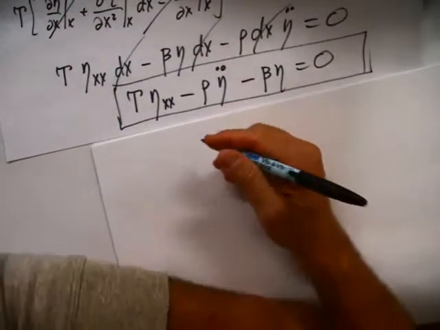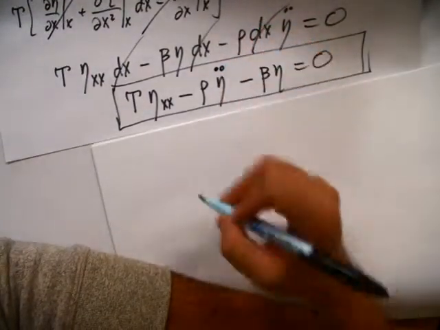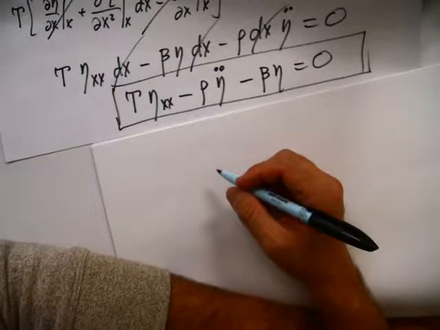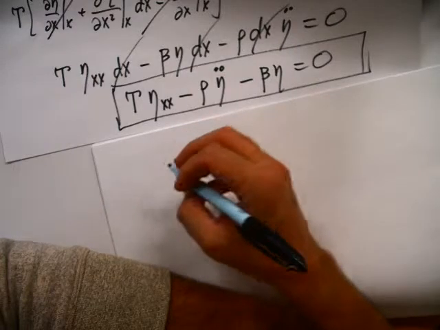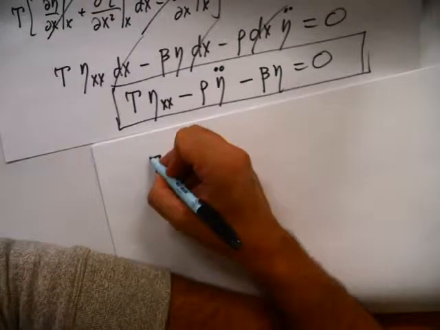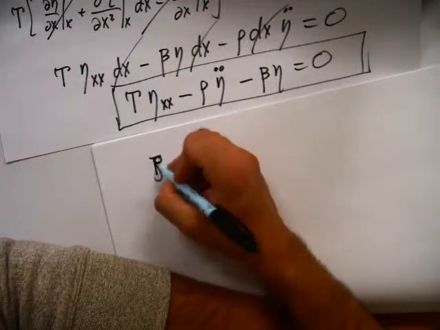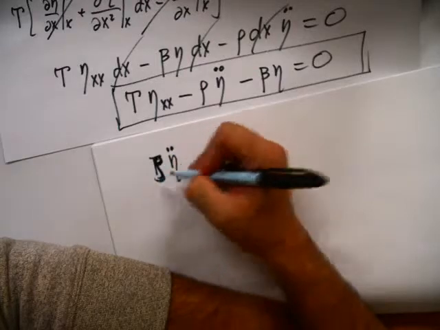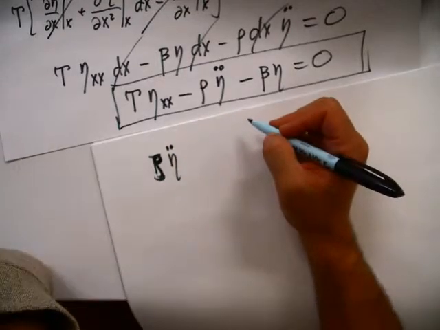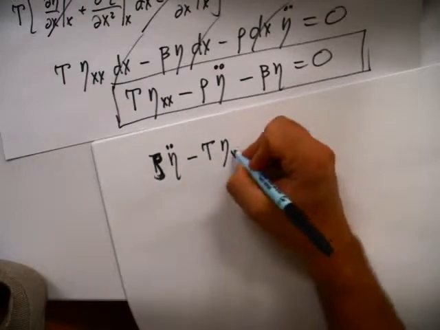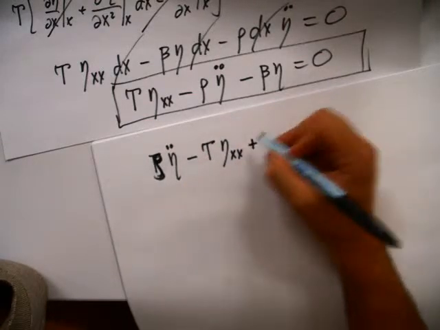So let's understand this equation a little better. Let me change sign: we have rho eta dot dot, where rho basically is the density per unit length of the string, minus T eta xx, the second derivative, plus beta eta equal to 0.